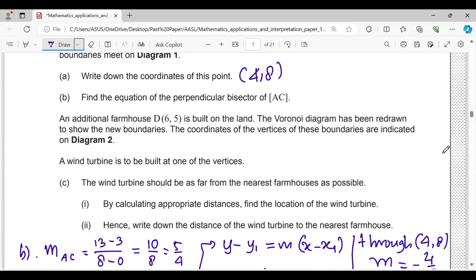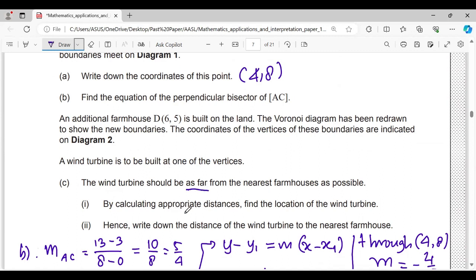Okay. Question. A wind turbine is to be built at one of the vertices. The wind turbine should be as far from the nearest farmhouses as possible. So as far, we are going to find what?